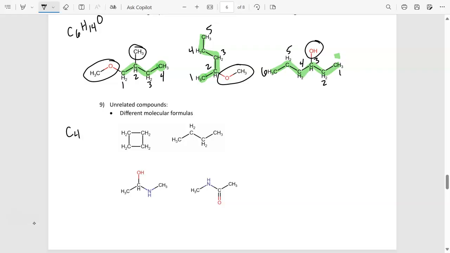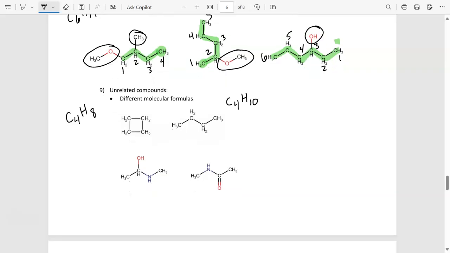If we add up all the hydrogens, you've got a total of 8. Remember, you have twice as many hydrogens as carbons with your cycloalkanes. But with a standard alkane, a regular butane, we've got C4, and if you count up the hydrogens, you'll see that it's H10. So different molecular formulas, they're automatically unrelated.